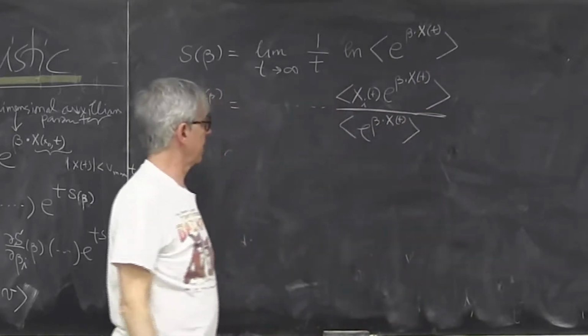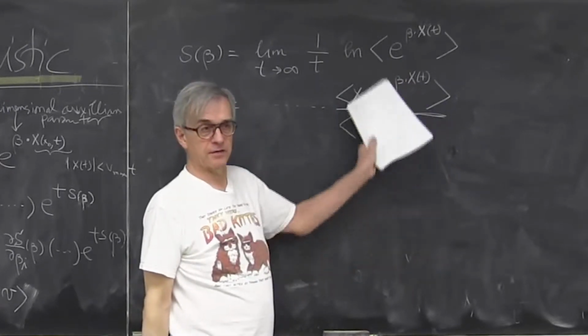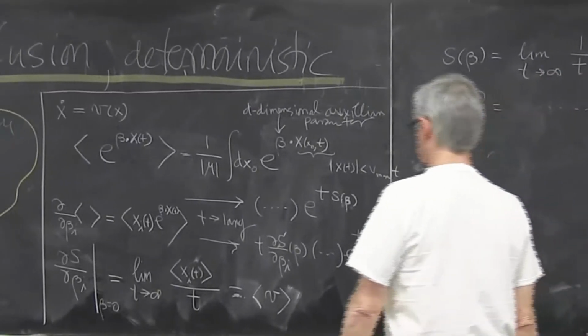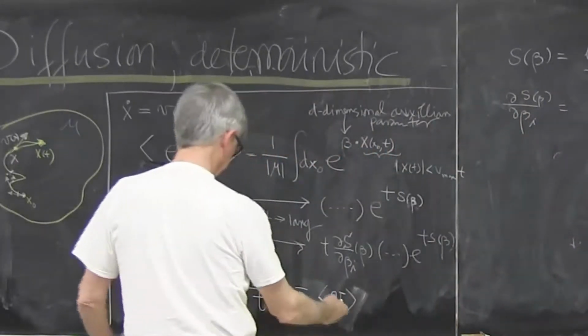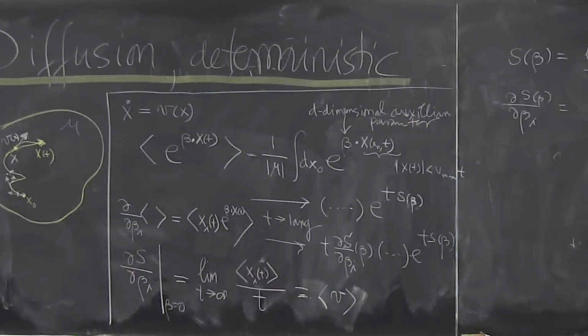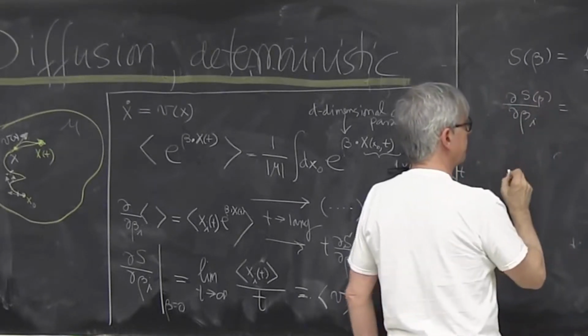And this is kind of nice because if the observable was just 1, this is normalized correctly. I said beta equal to 0, I get my formula. But writing it this way, because you want to see the general structure of this.